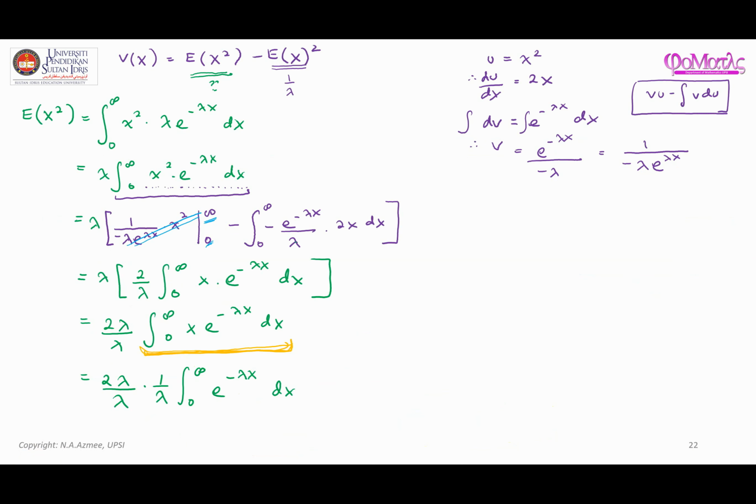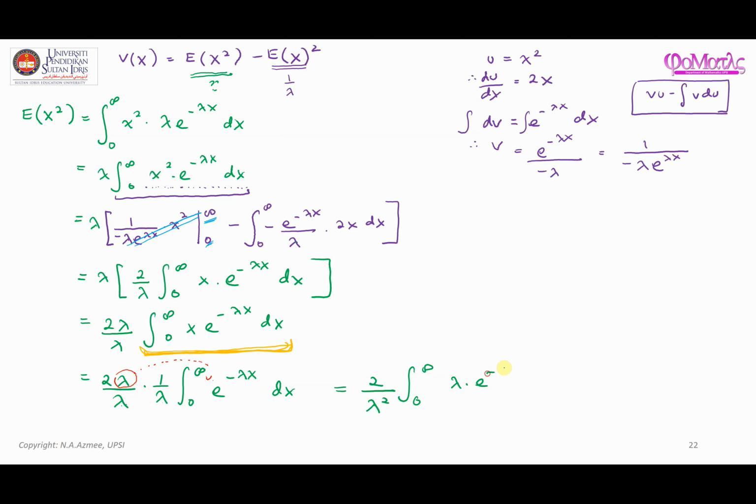Now what we can do is consider putting this lambda back into the process. Okay, so that's what I'm going to do. And then here we've got lambda and lambda, you can multiply that, so you will get 2 over lambda squared, and this lambda is going to be going back inside the process.